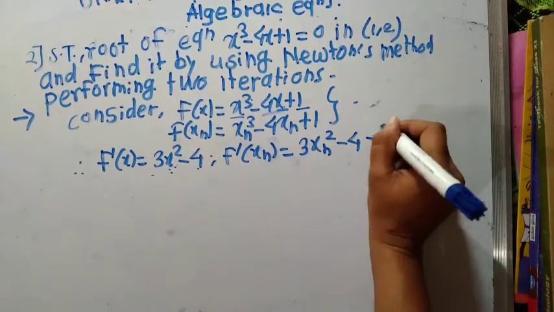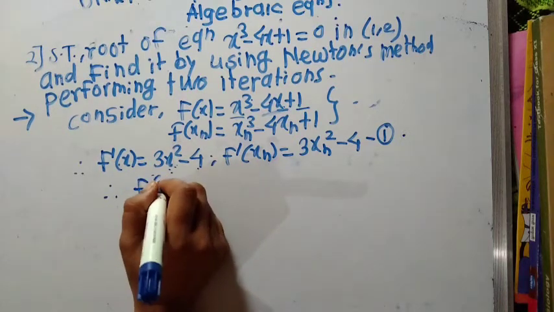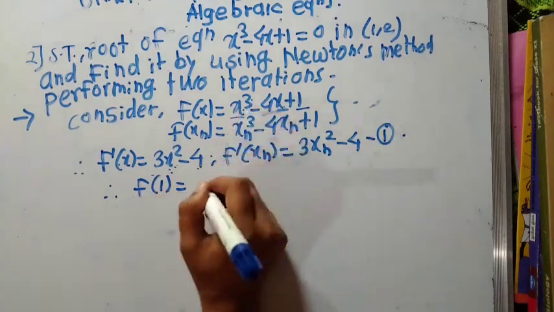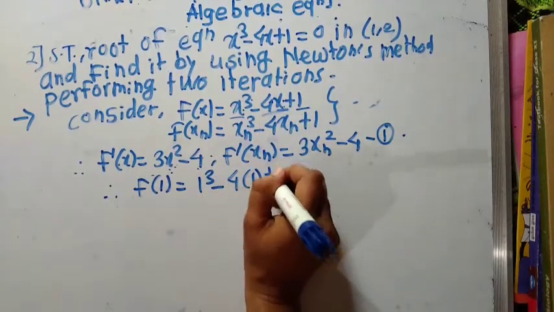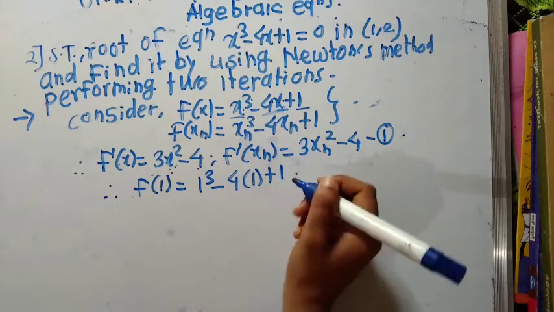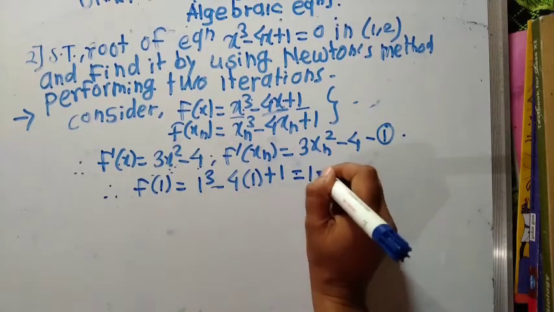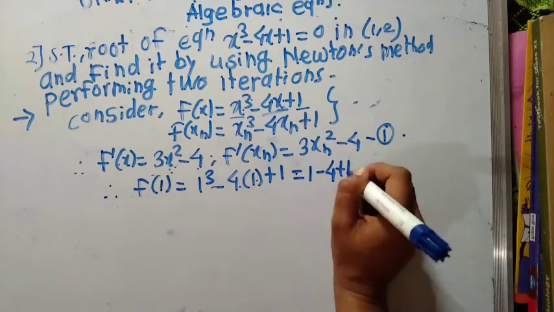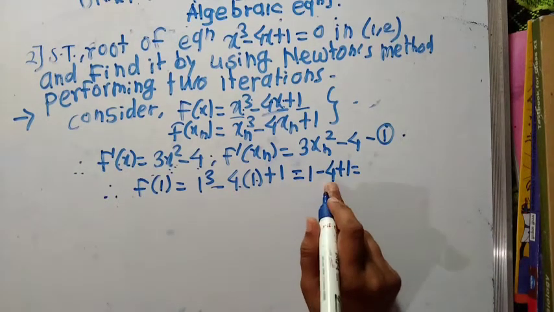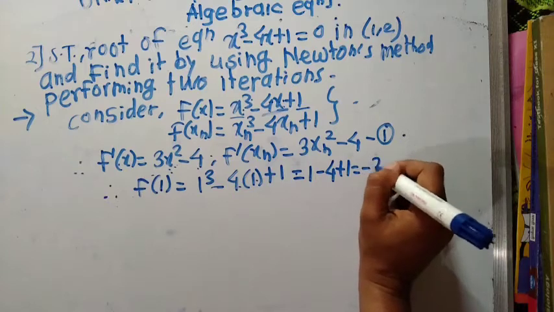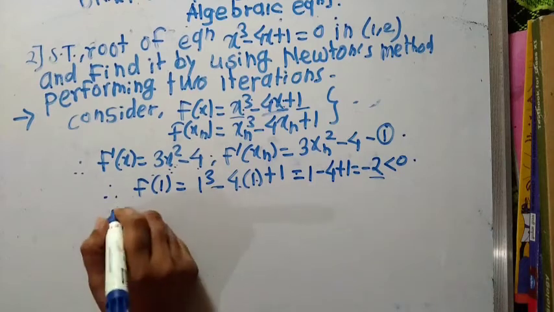Then find out f of 1. So 1 cube minus 4 into 1 plus 1, which is equal to 1 minus 4 plus 1, which is minus 2, and minus 2 is less than 0.